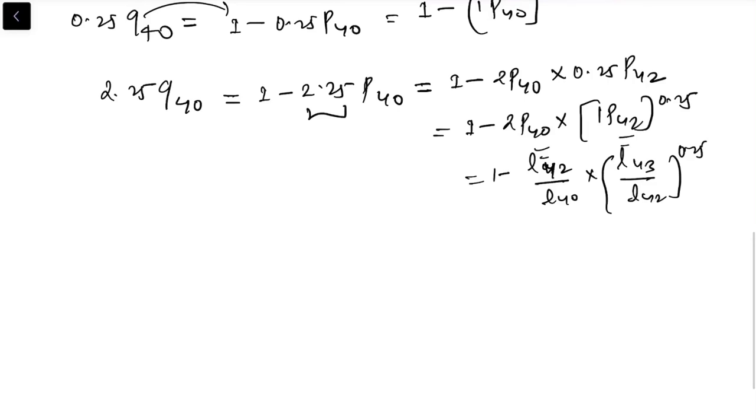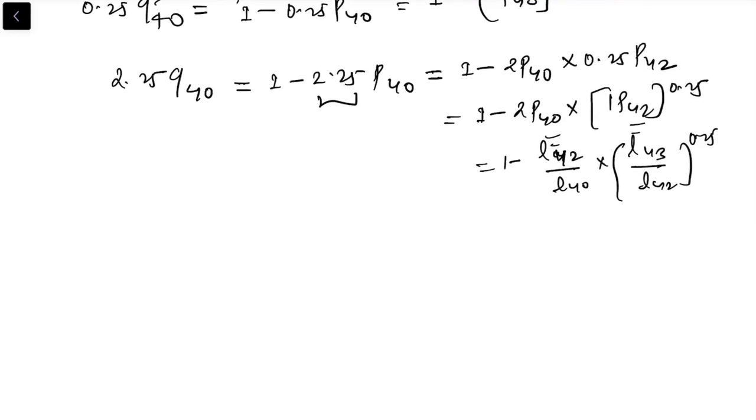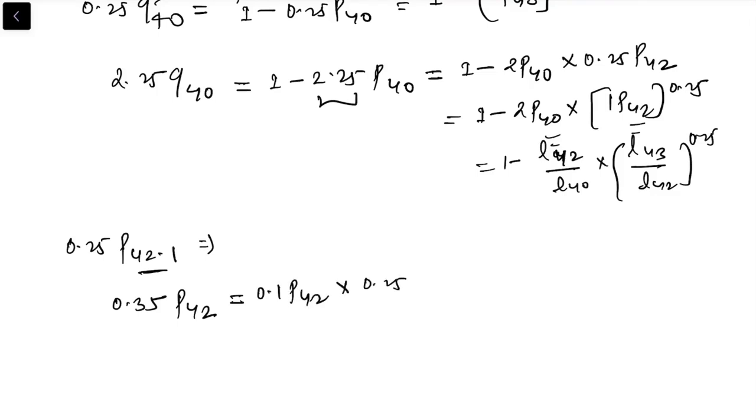Now let's do a slightly more complex example. So this is 0.25p42.1. Now how can we calculate this, because x is not an integer? So what can we do now? Can we write 0.35p42 equals 0.1p42 times 0.25p42.1?